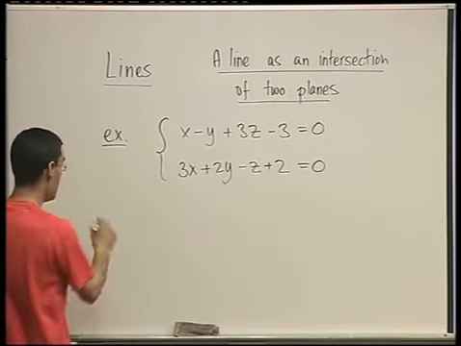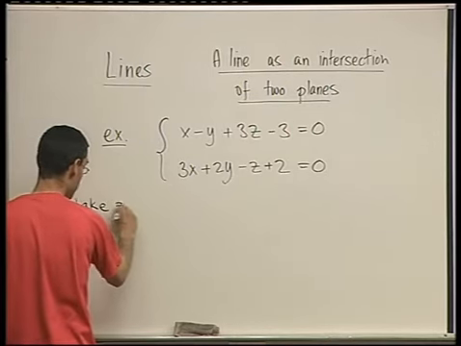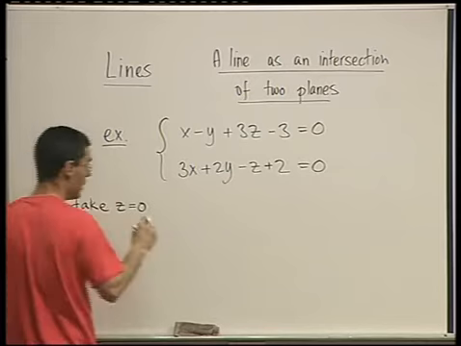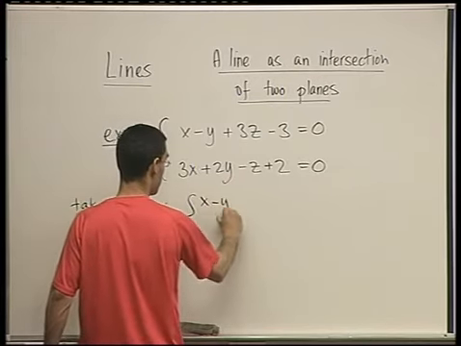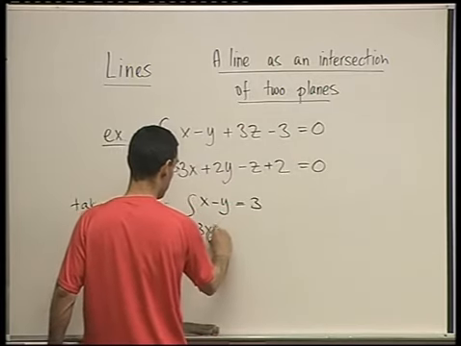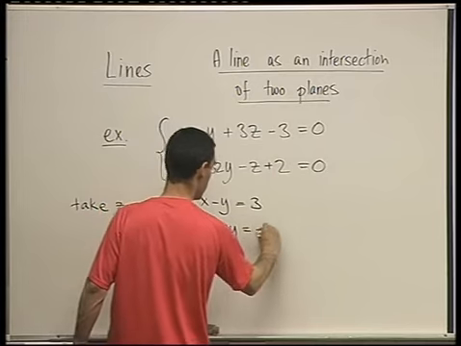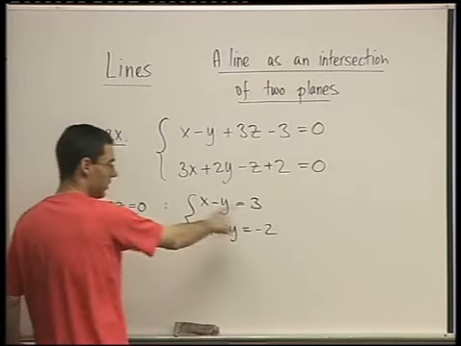Okay, so take z equals 0, for example. So we get the system of equations x minus y equals 3, and 3x plus 2y equals -2. Do you agree? And you know how to solve things like this, right?